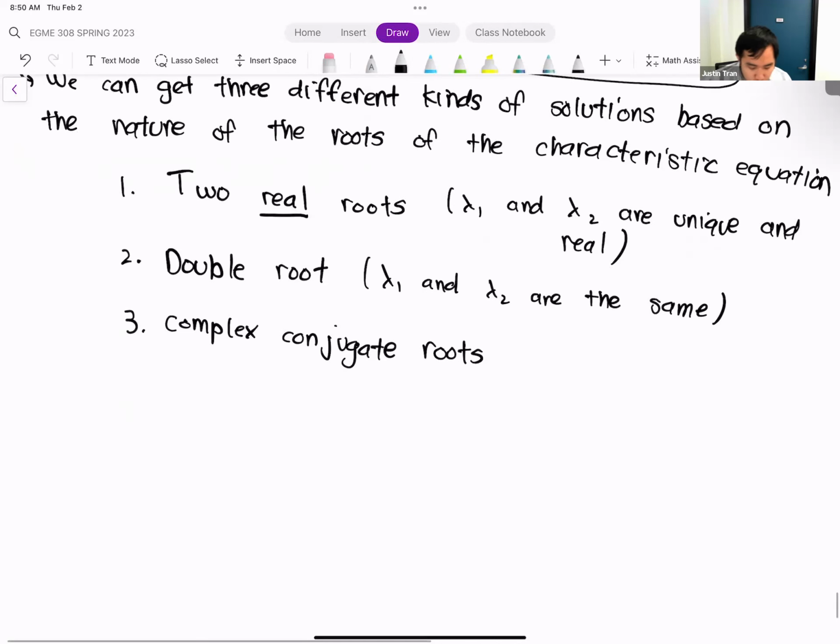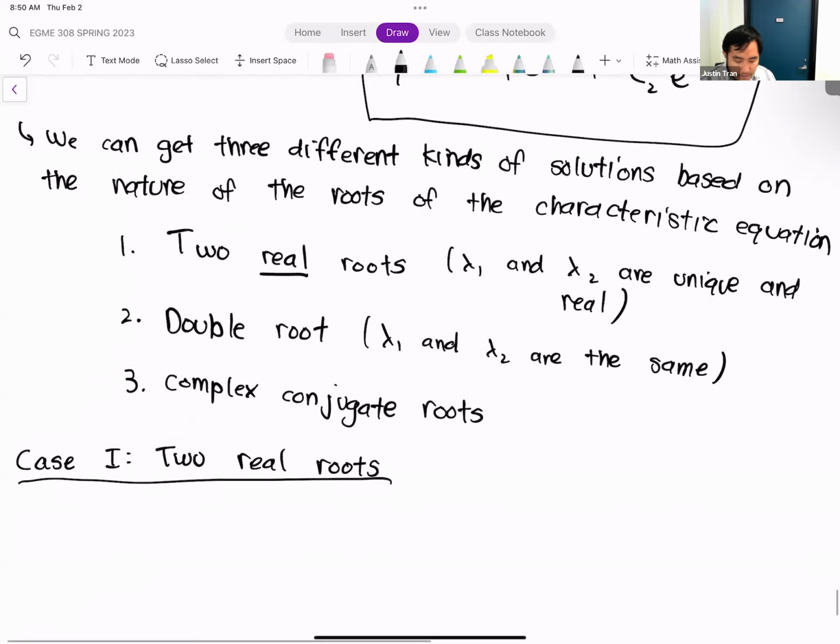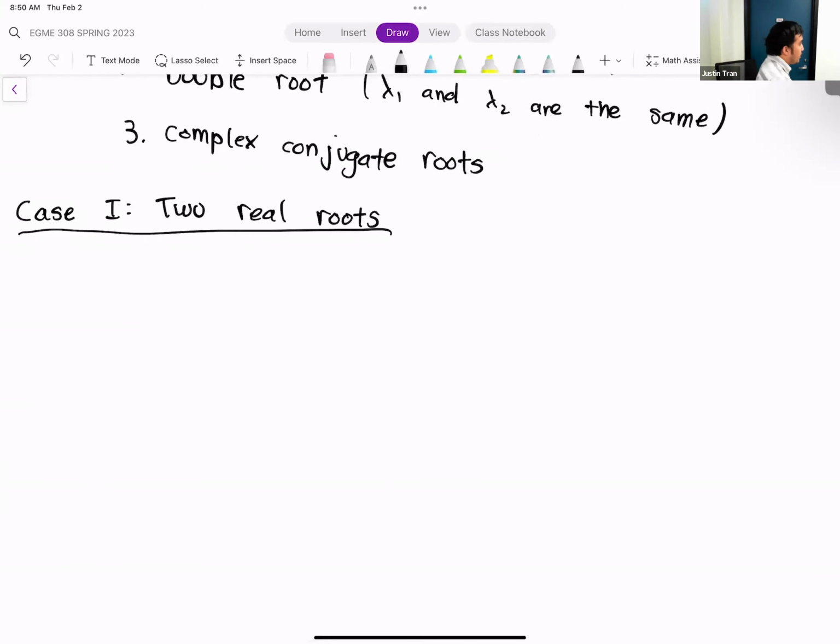Okay, so let's do the first 2 cases first, because those are pretty simple. Let's do case 1, 2 real roots. Case 1 is the simplest, and in this case our solution literally just looks like our template above. You have 2 roots, they're both real numbers, and you just take the exponential of those 2 real roots.